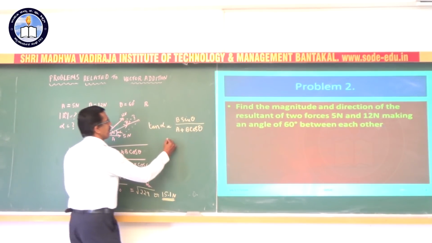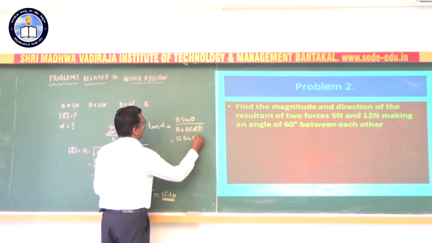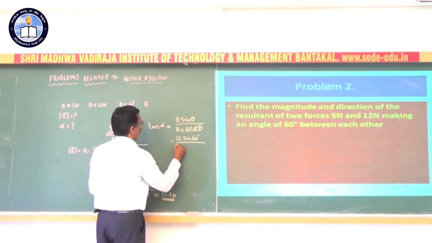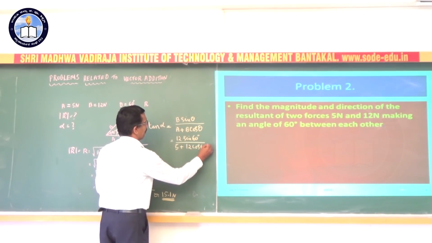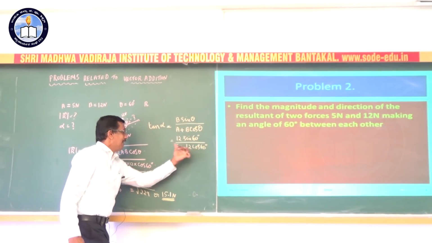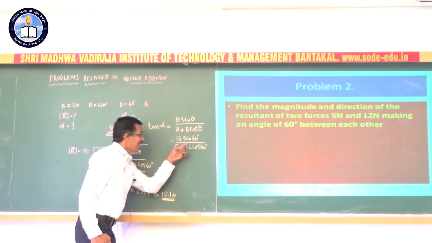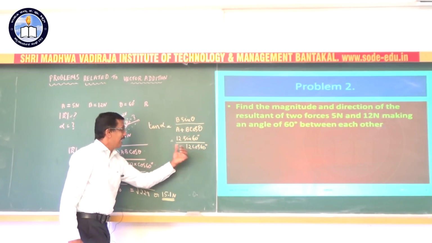That is 12 sin 60 degree divided by 5 plus 12 cos 60 degree. Here keep in mind, first we should multiply these two, then you should add. Don't add then multiply. First multiply these two, then add.